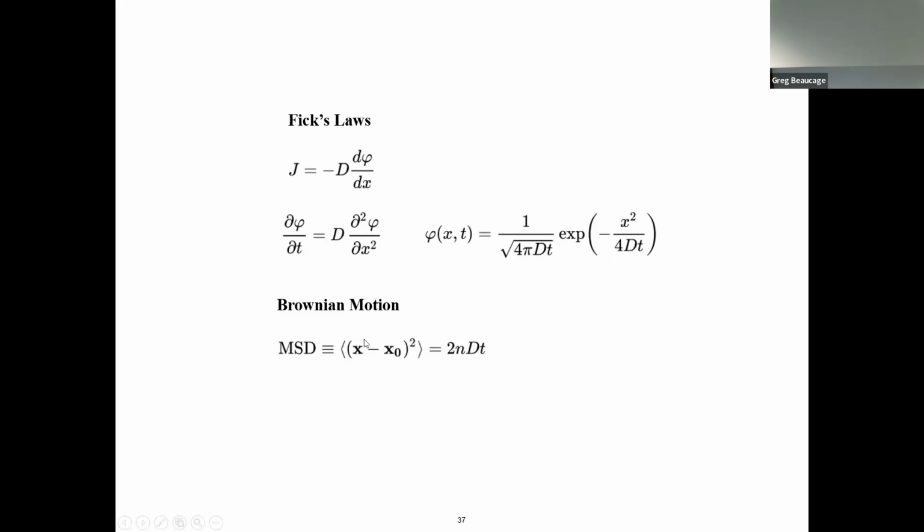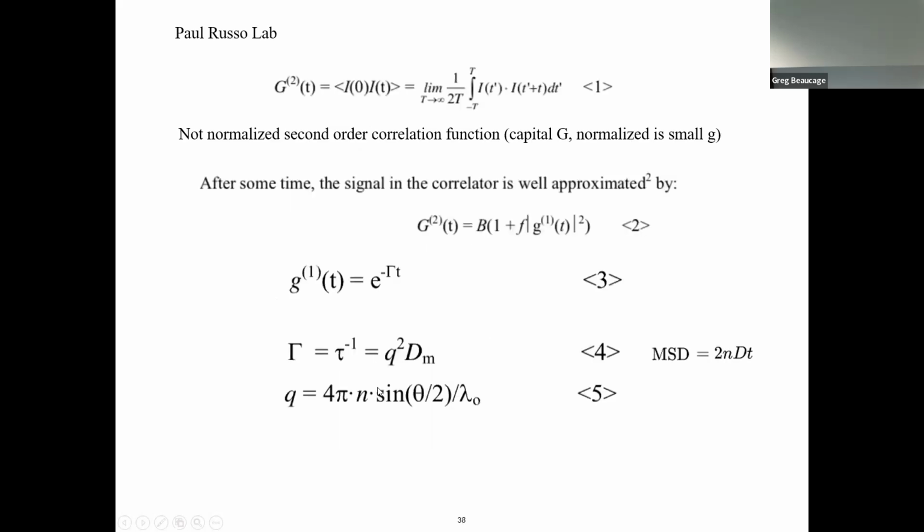So tau is going to be 1 over 2 q squared D. So that's kind of bulky. So they have this gamma that's used. You just use gamma: 1 over tau is q squared D. This should be a 2 in front of it. But basically that's what governs this correlation function.